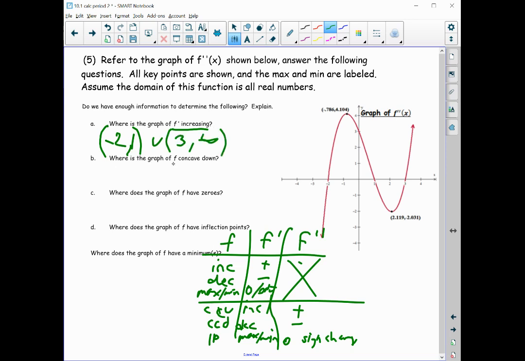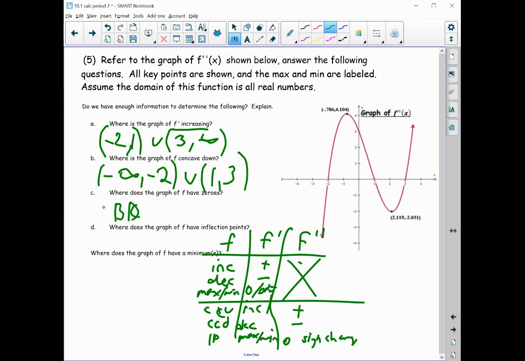Where is the graph of F concave down? So if I want to know where the graph of F is concave down, I'm going to be looking for where the second derivative is negative. So negative infinity to -2, union 1 to 3. Where does the graph of F have zeros? I actually don't see anything about zeros in this chart. This cannot be determined.